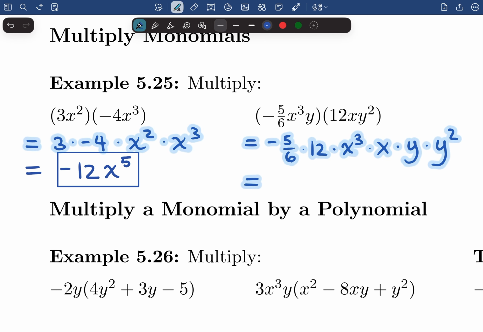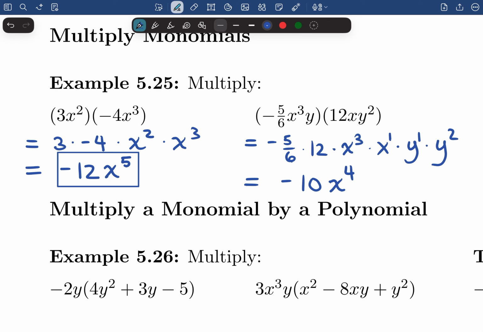I'm going to multiply negative 5/6 times 12, and that will give me negative 10. And then I'm going to multiply x cubed with x to the first, and that will give me x to the 3 plus 1. When I multiply like bases, I can add their exponents. So 3 plus 1 gives me 4 as the exponent for x.